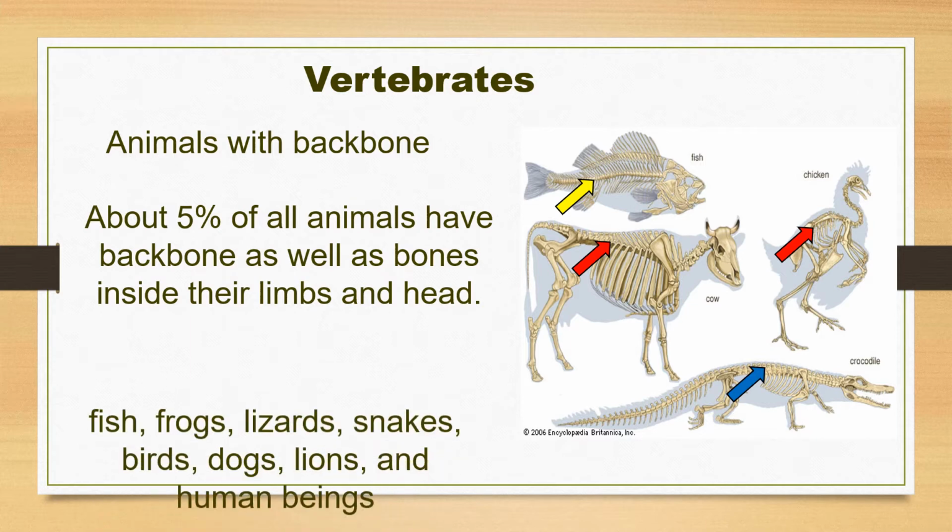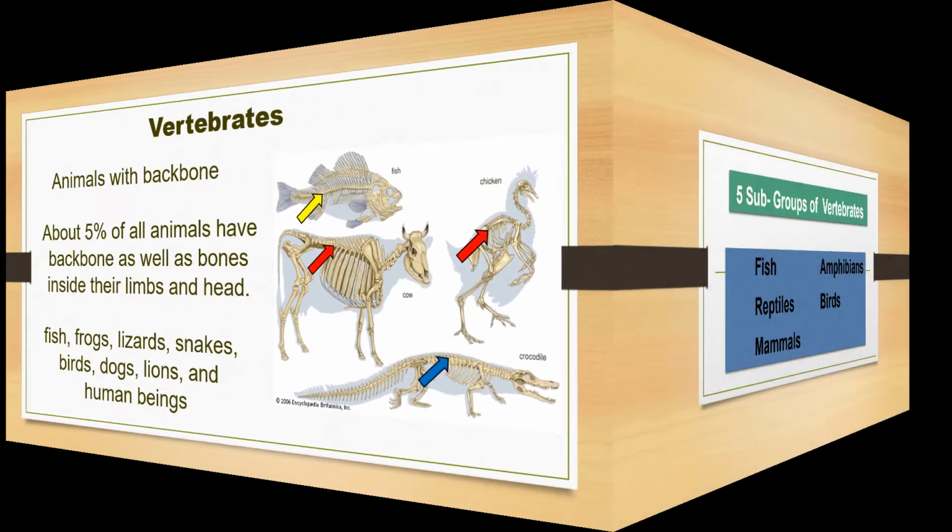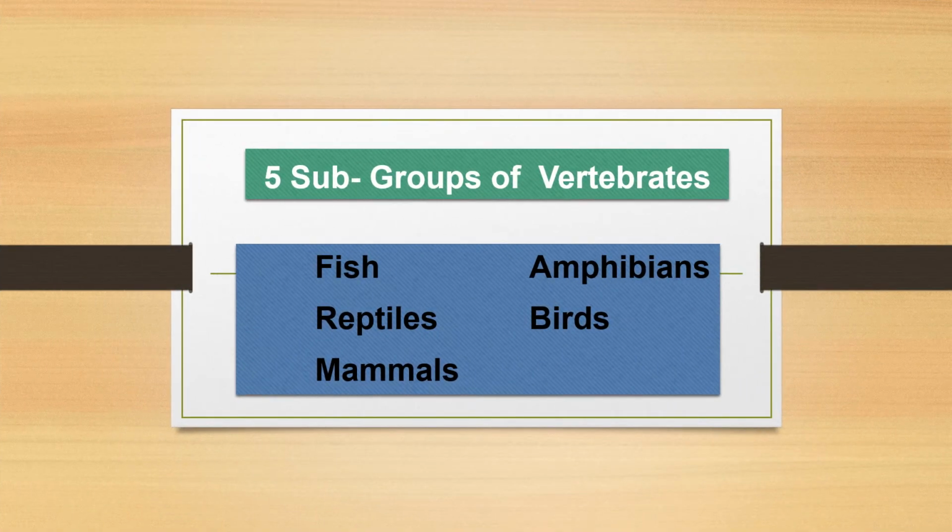What are some examples of vertebrates? So you have fish, frogs, lizards, snakes, birds, dogs, lions, and human beings. Now, there are 5 subgroups of vertebrates.